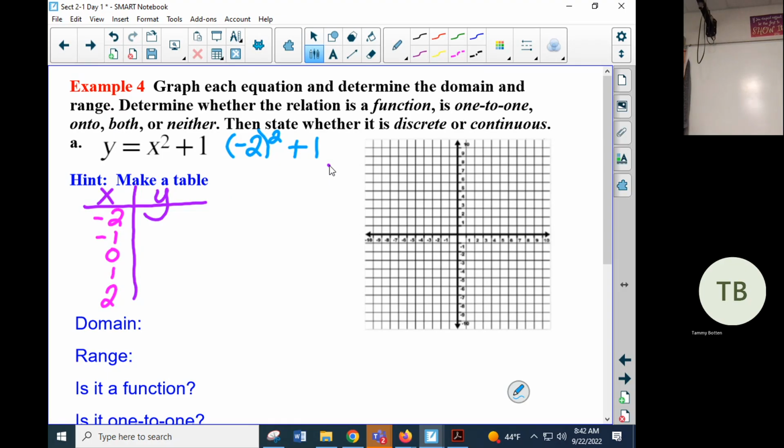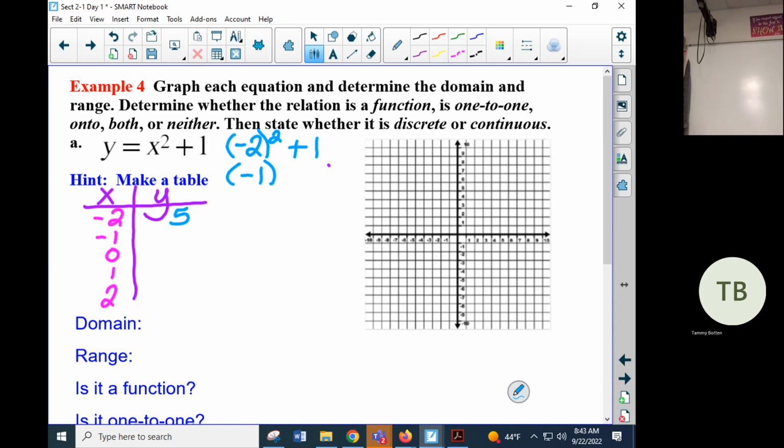If you just typed in -2 squared +1 without parentheses, you get it wrong. So when you square a -2, would you get a -4 or a +4? It would be positive. When you square a negative, it's positive. So this would be 4 plus 1, which is 5.